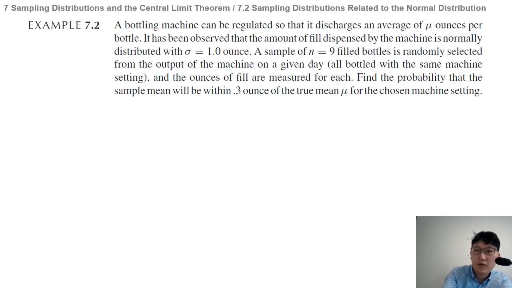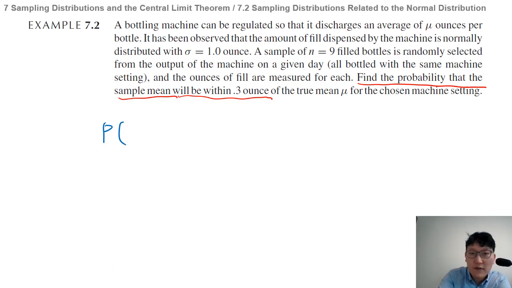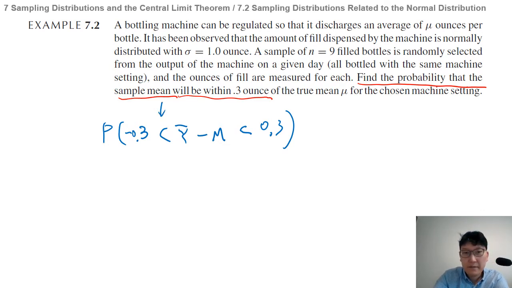So we want to find the probability that the sample mean will be within 0.3 ounce of mu, that is, between minus 0.3 and 0.3.